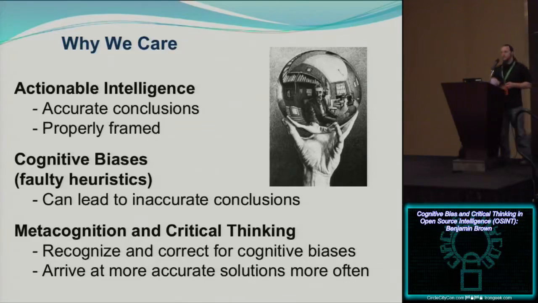Now, where these can go awry are where cognitive biases, also known as faulty heuristics or intelligence hazards, can lead to inaccurate conclusions, which would then feed into decisions that probably would not be the wisest. And to buffer against that, we're going to look at metacognition and critical thinking. And what this will allow us to do is arrive at more accurate solutions more often.